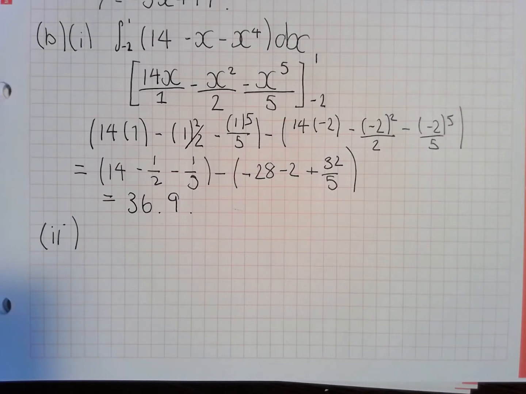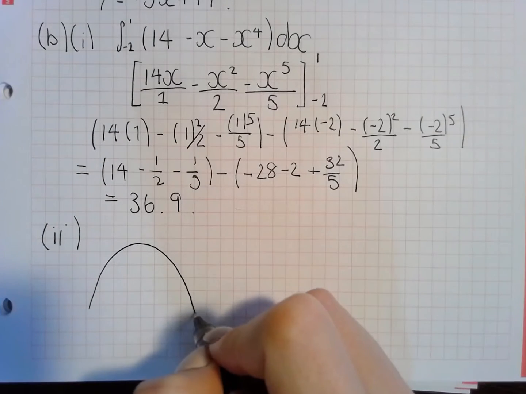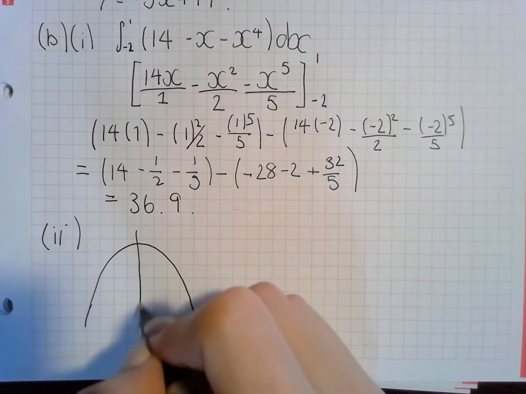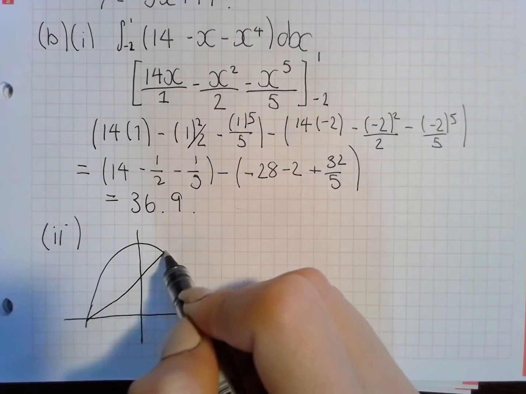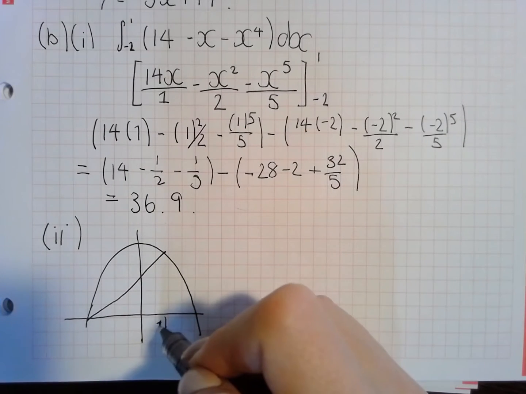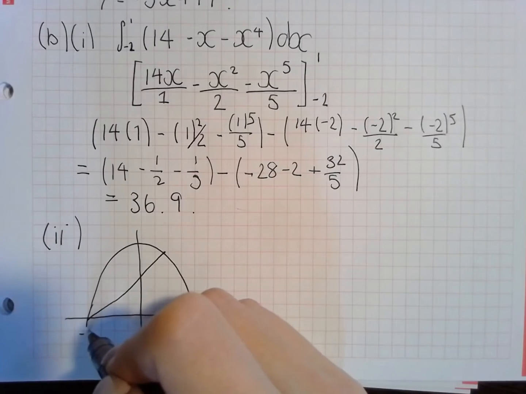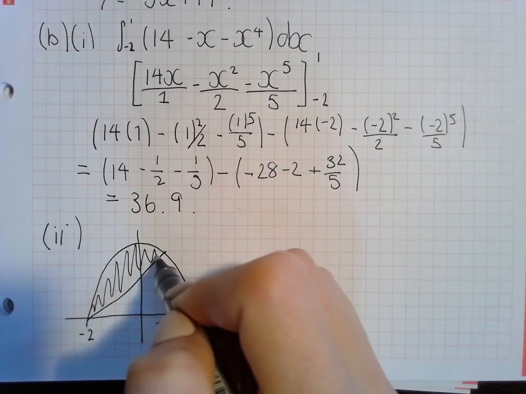If you look at the diagram in the question, it looks a bit like this. The curve does this, and the line AP goes from minus 2, sorry, that's a really bad line, and we know the x-coordinate here is 1, and the x-coordinate here is minus 2, and this is the shaded region.